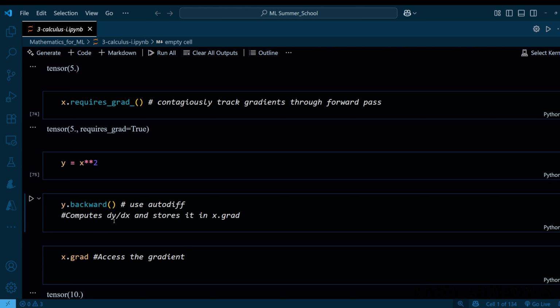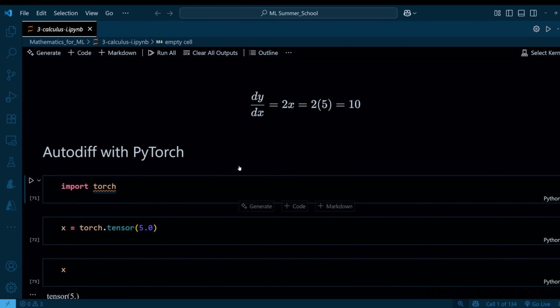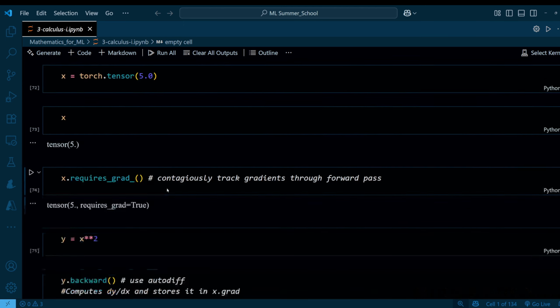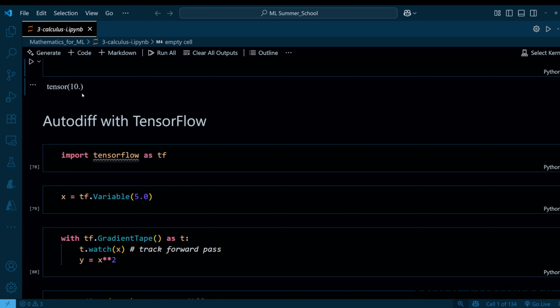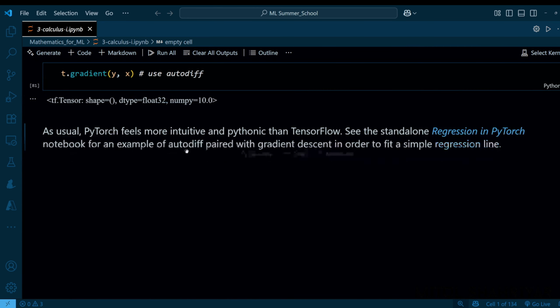That means it computes dy by dx, which for x square is 2x. Now if we say grad, that means give me the dy dx value. For this one, the value of 2x at 5 is 10. So it is 10. A lot of this depends on the practice you have.